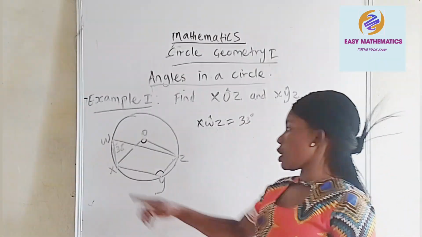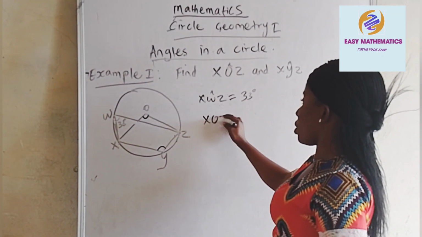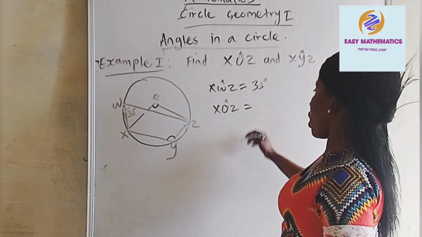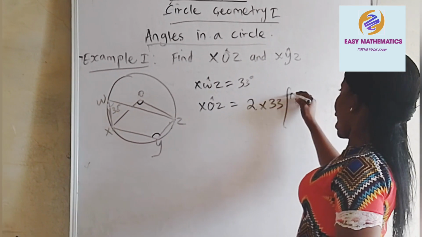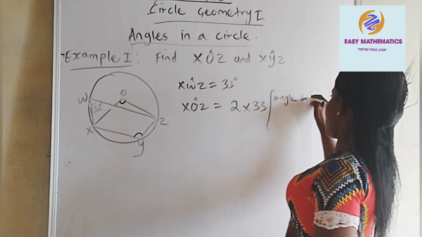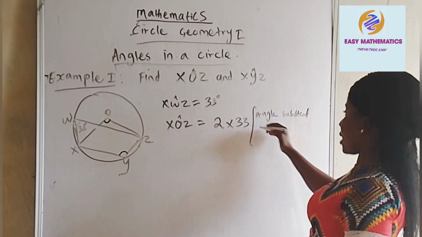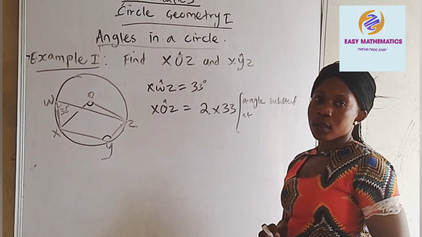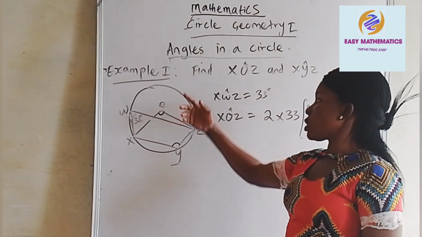How do we find XOZ? We say that XOZ is equal to 2 times 33. Why? The angle subtended at the center is twice the angle subtended at any point on the circumference.